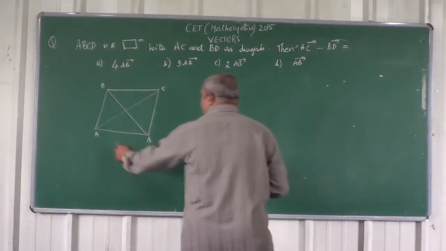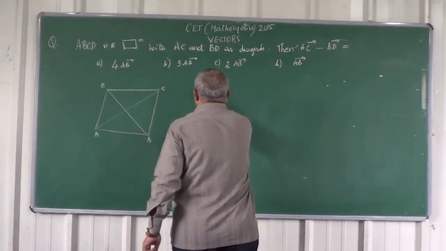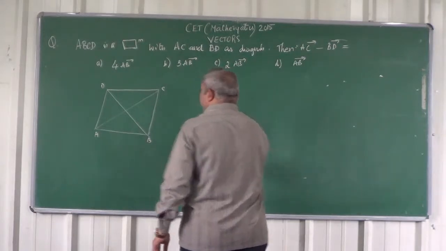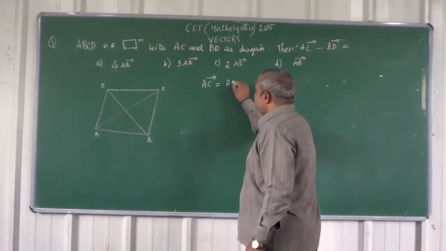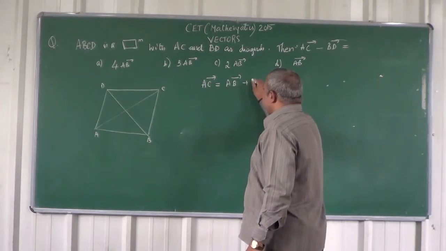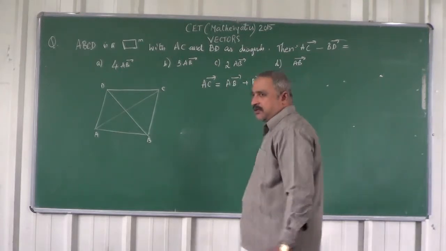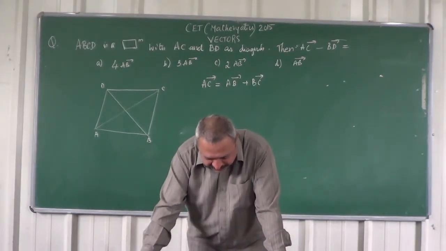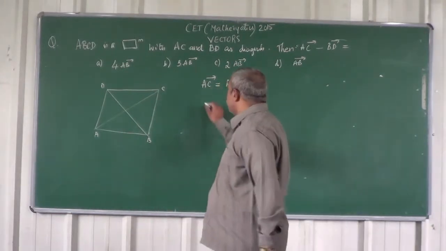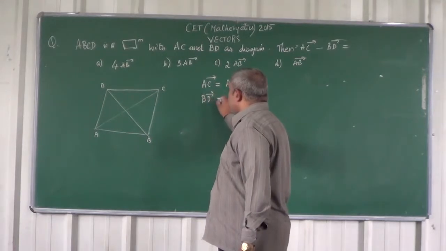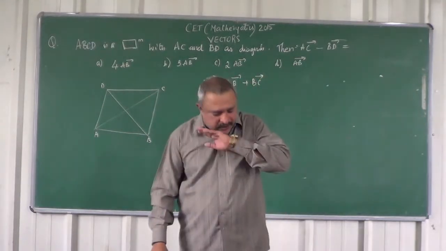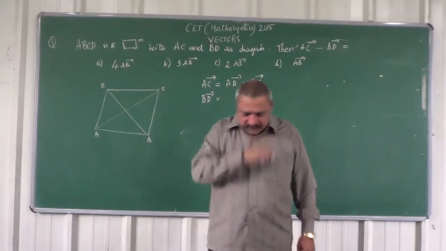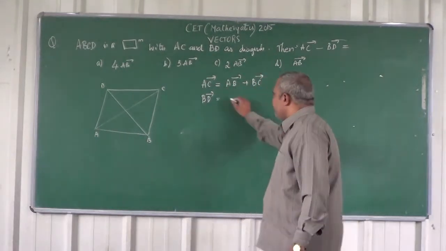Now, write vector AC. Vector AC equals vector AB plus vector BC. And similarly write vector BD. Vector BD equals vector BA plus vector AD.